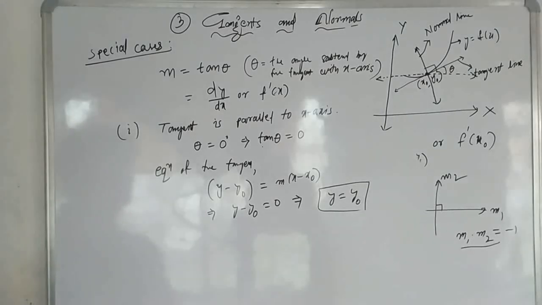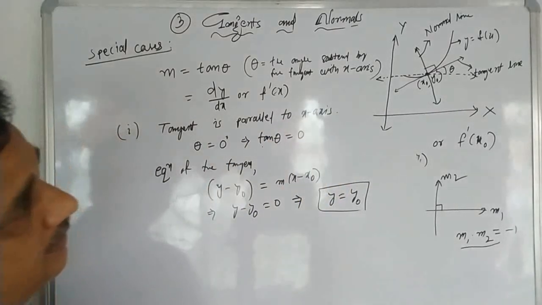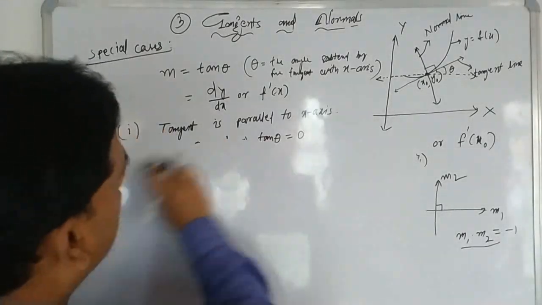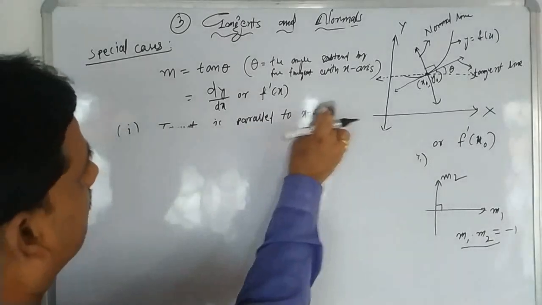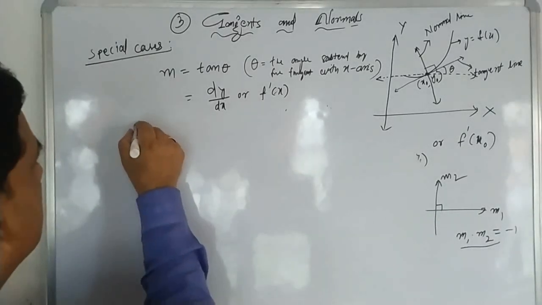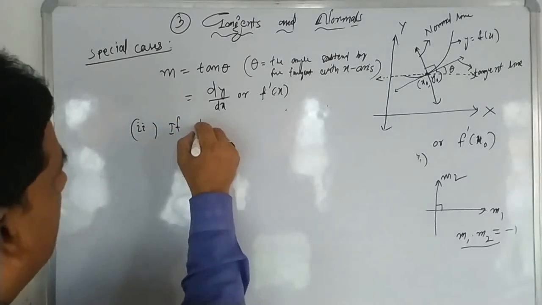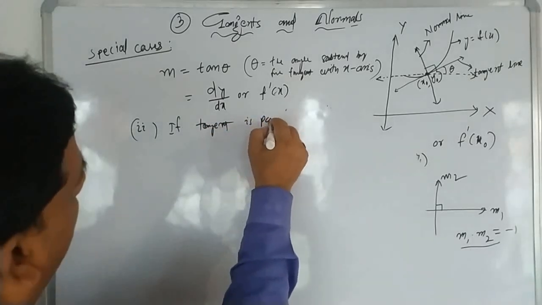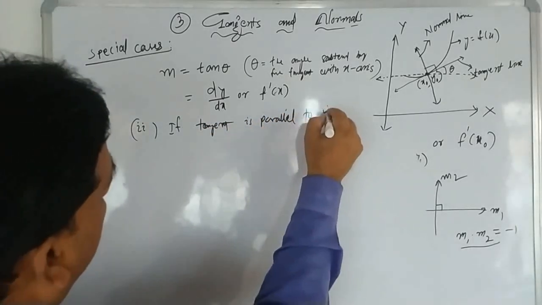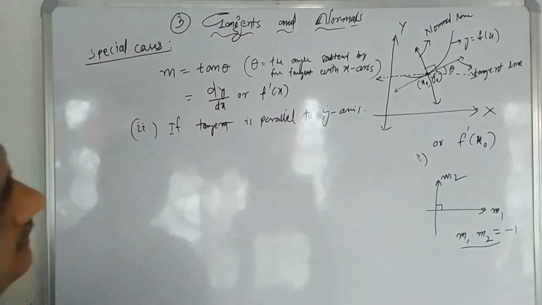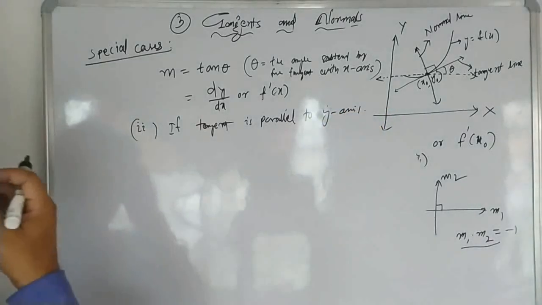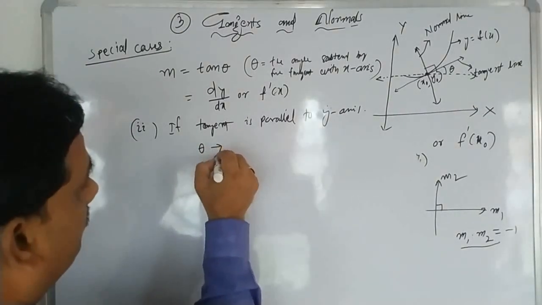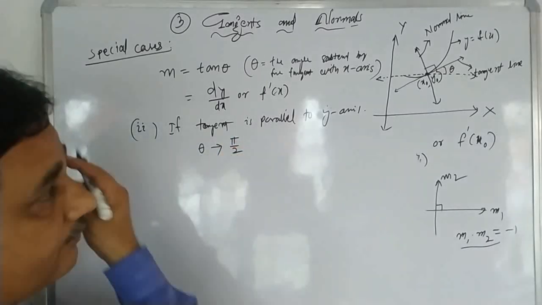Similarly, second case, if the tangent is parallel to the y-axis, that means theta is equal to pi by 2.